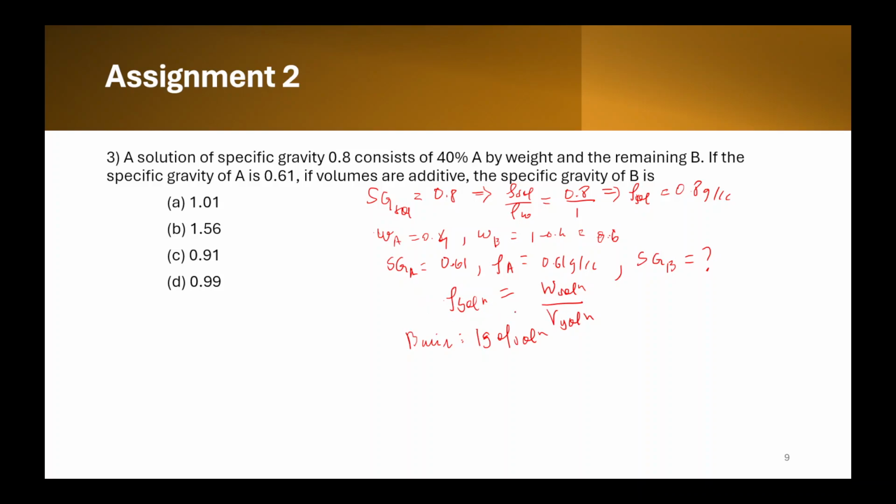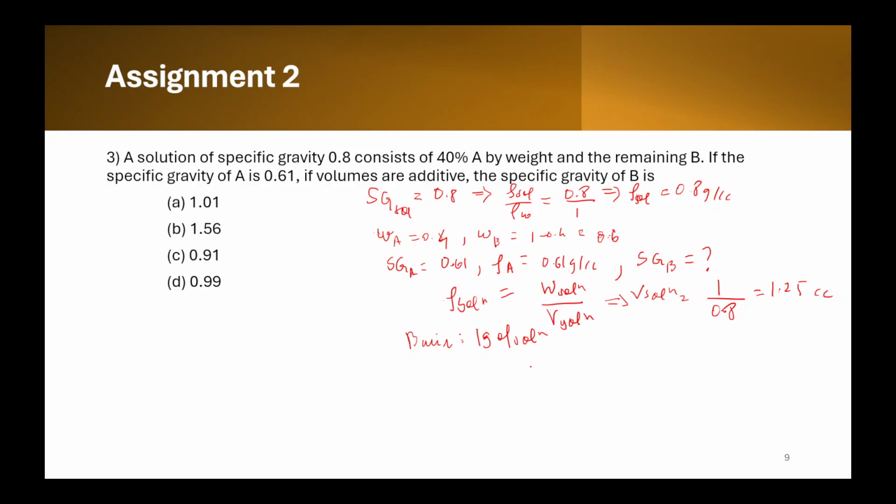So this can be found out using rho of solution. We know the rho of solution. So volume of solution will be 1 by 0.8. If we rearrange this, this goes up and this goes down. So 1 by 0.8, 1.25 cc. So this is the volume of the solution.